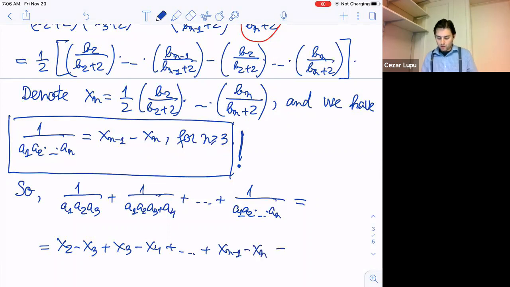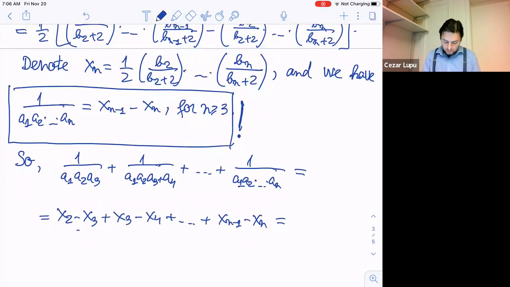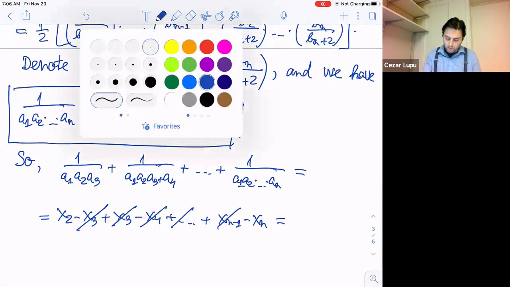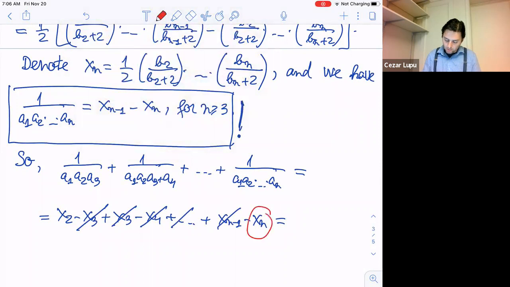These are telescoping, so this guy will go with this guy, and the only thing that will remain is the first one and the last one. So this would be nothing else than x2 minus xn.